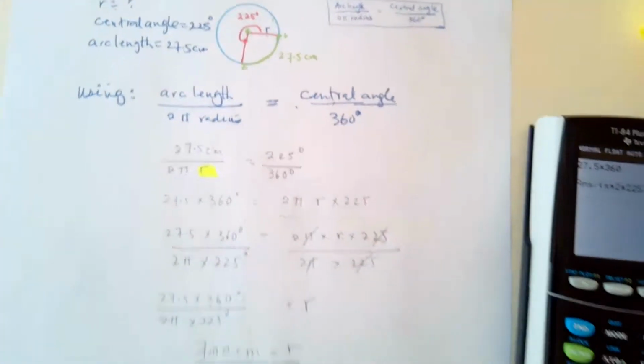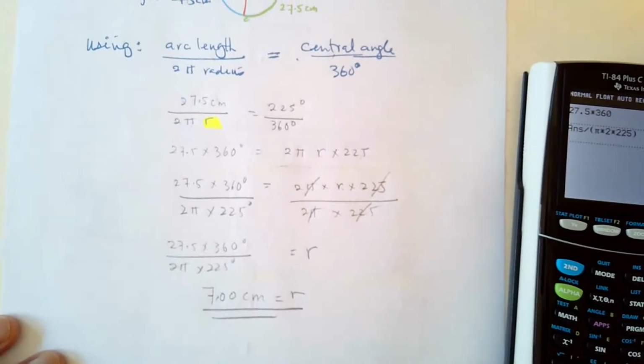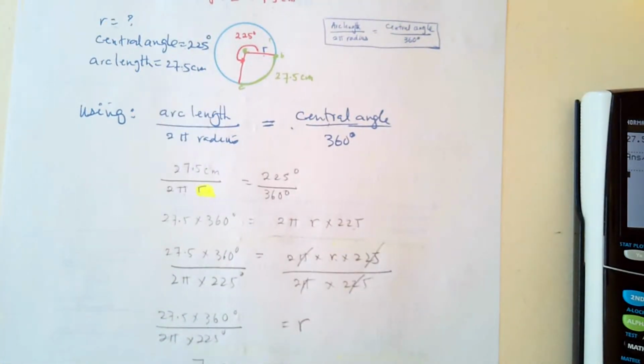So the radius for this circle is approximately 7 centimeters.